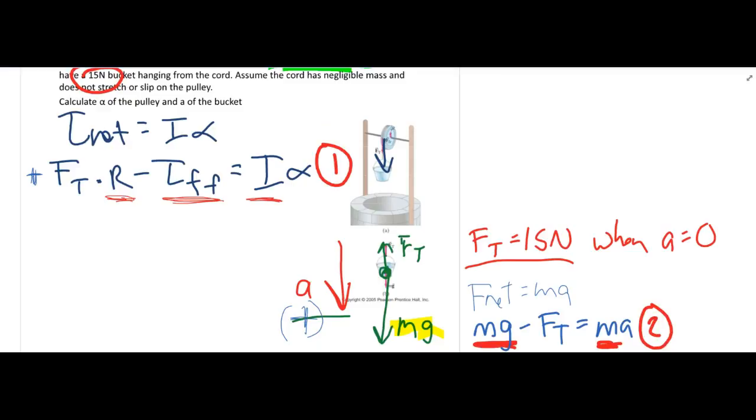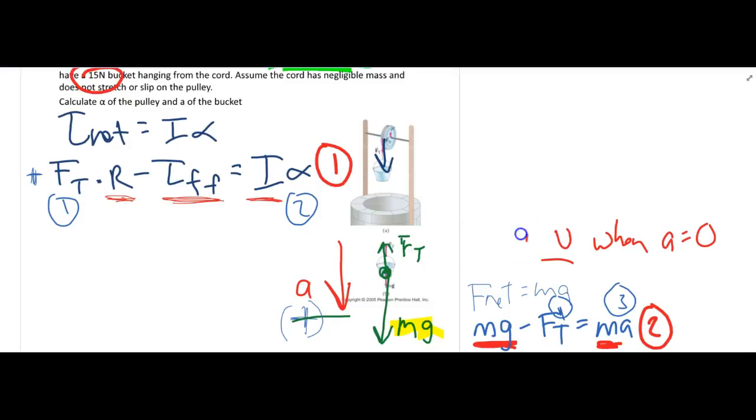Let's count those unknowns. One unknown, force of tension, two unknowns, alpha, and I have my third unknown, acceleration. If I'm going to do a system of equations here, I need three separate equations if I have three unknowns. So I'm looking for another equation.